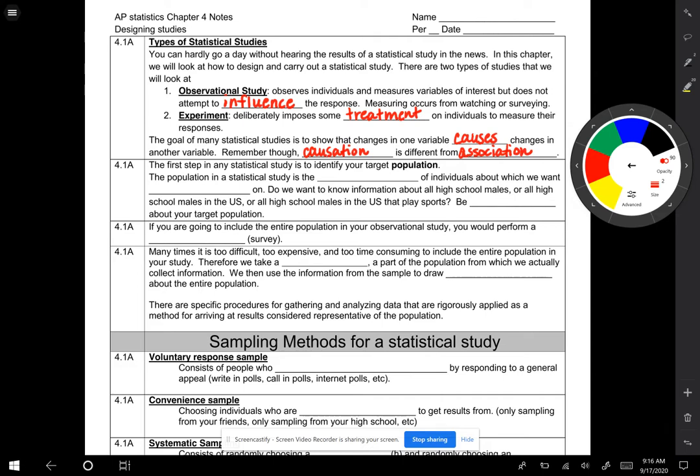All right, the first step in any statistical study is to identify your target population. So, the population in a statistical study is the entire group of individuals about which we want information.